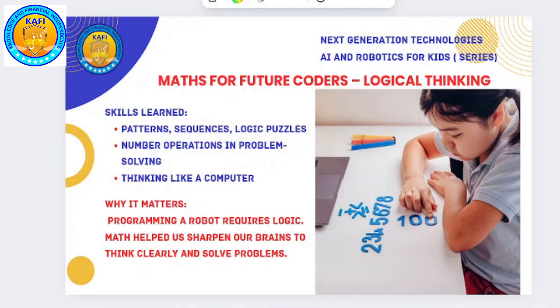If the 1 foot is in the air, it might fall, right? So we have to understand the logic, we have to understand the sequences and the patterns. That's why we learned math for future coders. It was not actually maths, it was actually logical thinking, right?